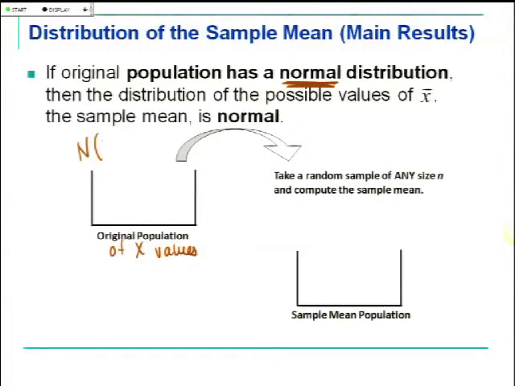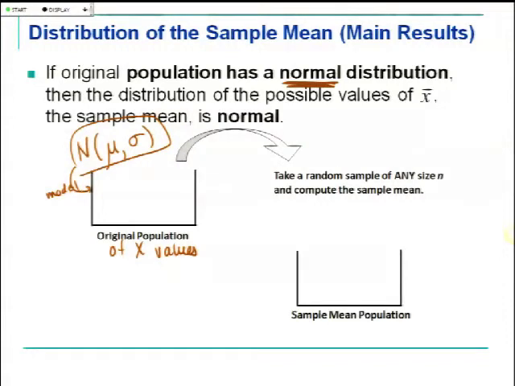So scores on the exam are bell-shaped, or reaction times are bell-shaped. And of course, there'll be some mean and some standard deviation. So this is the model for your original population of values. You have to assume it's normal with some mean and some standard deviation. You don't know the mean and standard deviation. You're going to be estimating that, but assume a bell curve would be a reasonable model.